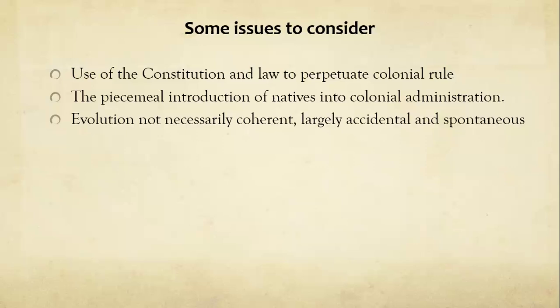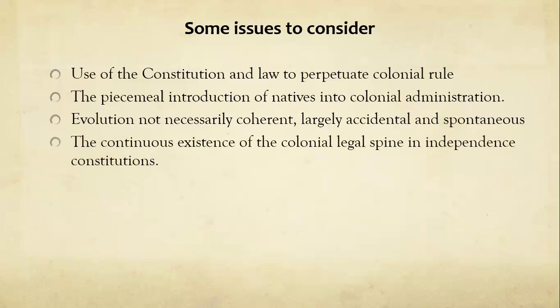Accidental and spontaneous in the sense that the various changes were precipitated by certain developments, not because long before those developments actually occurred, there was a master plan to say that at this stage it should be like this or like that. That was not it. So that is one point that we should keep in mind.